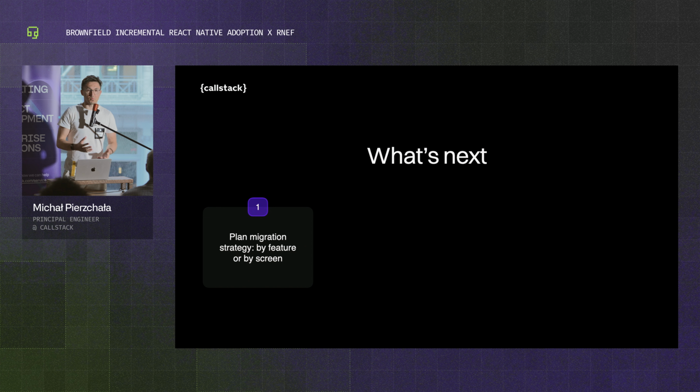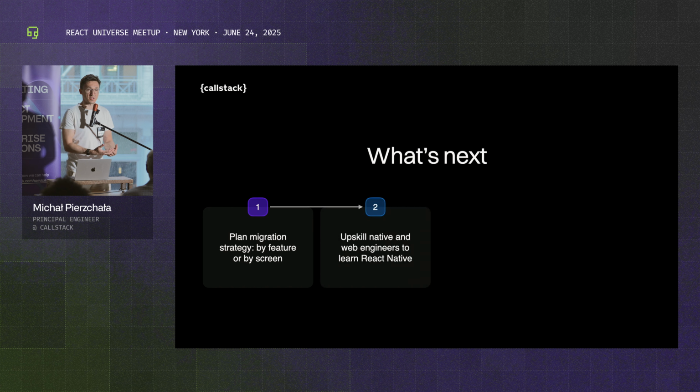So what companies want is to continuously release new versions of their app and gradually replace some native screens with React Native. So yeah, we'll need to plan this out. Then we will likely need to upskill our native engineers so that they can understand React Native and be more productive, thriving in that environment.